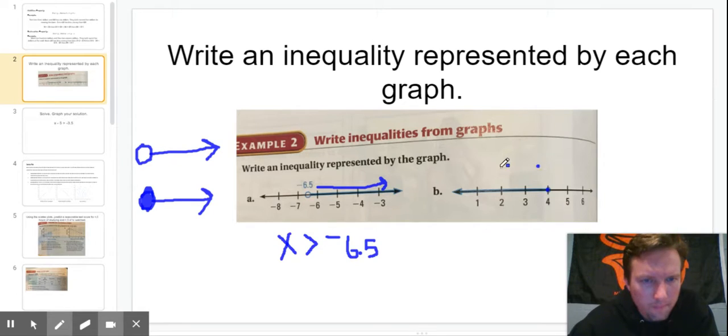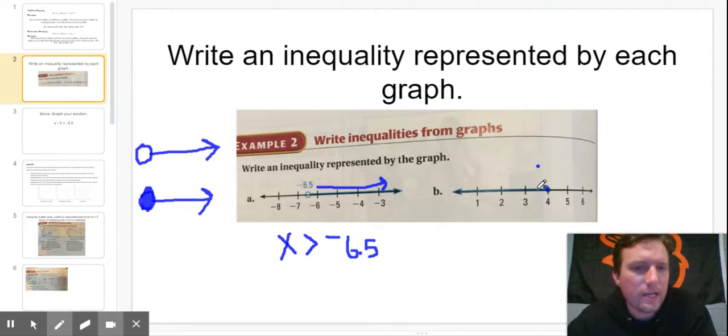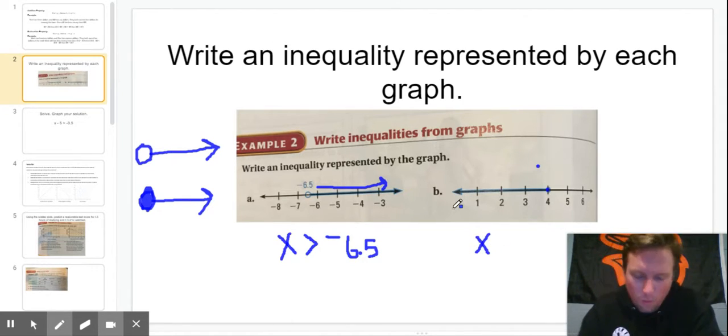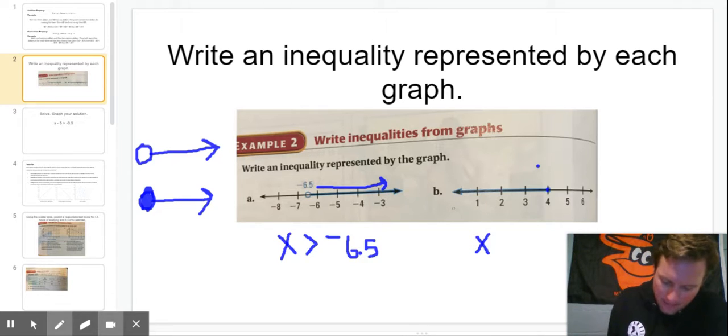Now over here, for B, I have a closed circle, and now I'm pointing to the left. So what does this mean? First, the closed circle means that it's equal to the number that's graphed. So again, I'm going to have x, and since it's pointing to the left, that means that all numbers less than 4 are solutions.